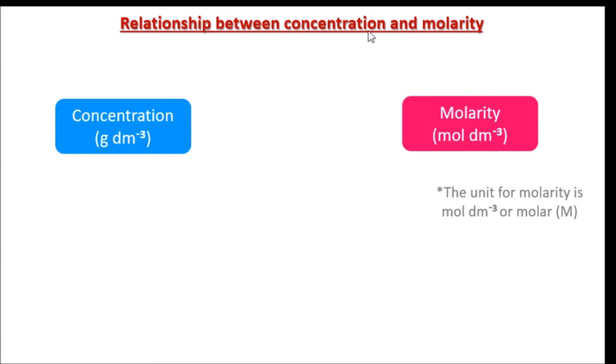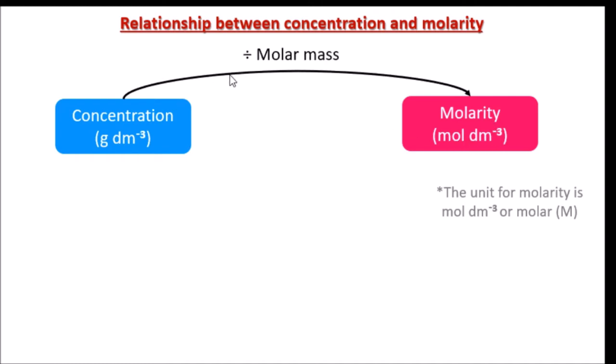We have concentration in gram per dm³, and we have another concentration in the unit of mole per dm³, which we call molarity. When you want to change from concentration in gram per dm³ to molarity in mole per dm³, you need to divide the concentration by molar mass.